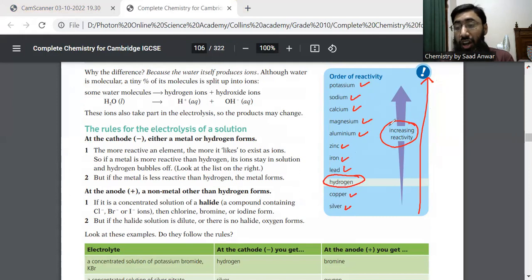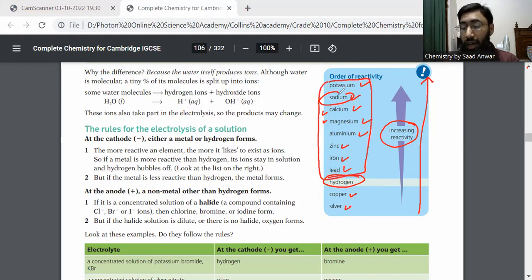The other is the selective discharge list. This is the reactivity list. Reactivity of potassium is greater than the reactivity of silver and copper. The reactivity of sodium is greater than the reactivity of calcium, magnesium, and aluminum, and the rest of these metals. So the metals which are present at the top of hydrogen, the ions of that metal will never reach the electrode earlier.